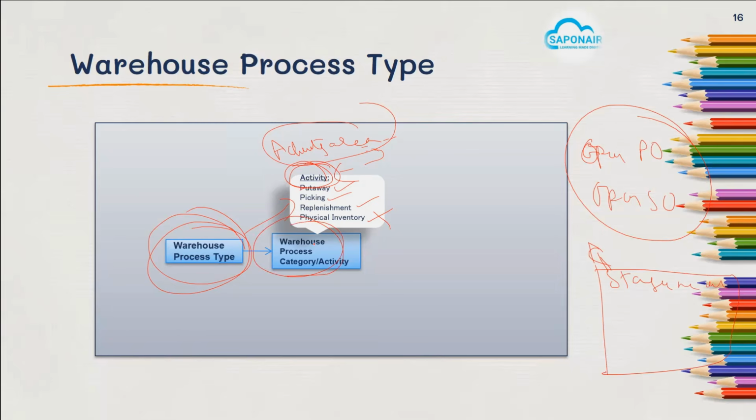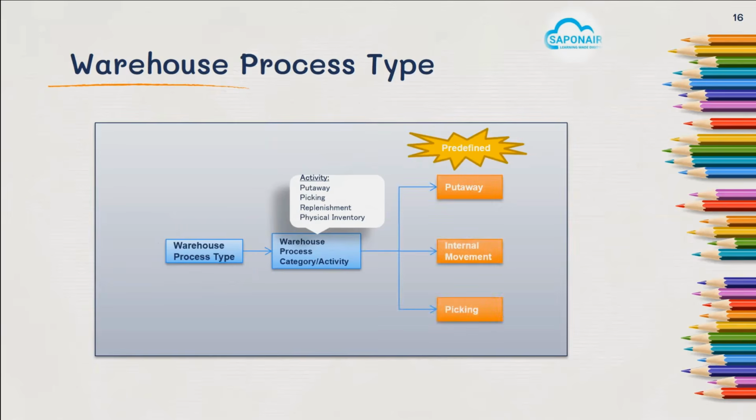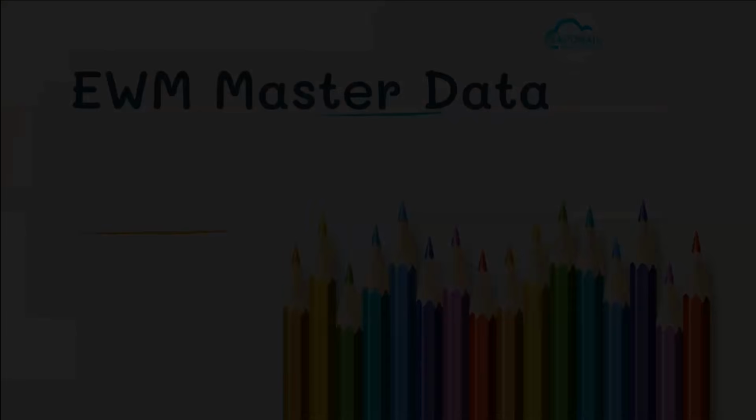So warehouse process categories are basically activities in the activity area. When I say category, what does it mean? It means they are predefined. You cannot create new ones, so you have to use whatever is available. They are used for put away, picking, and internal movements also.